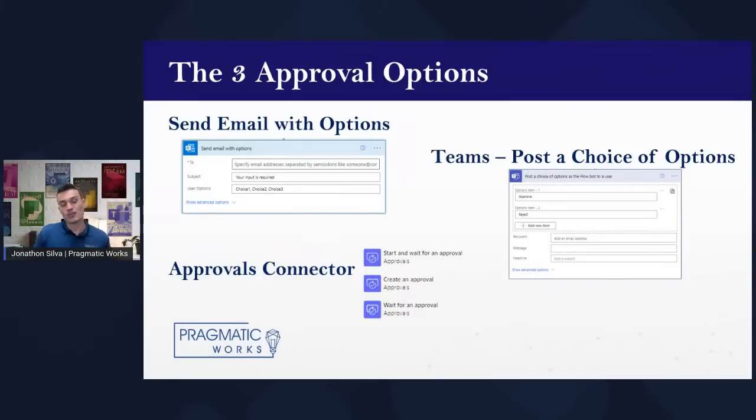It will send your approval via email. It'll send it into Teams. It will allow your user to interact with it directly inside of Power Automate, and you can interact with that approval in the Power Automate app on your mobile device, so on your cell phone, no matter if you have a Windows phone, an Android, or an iPhone.